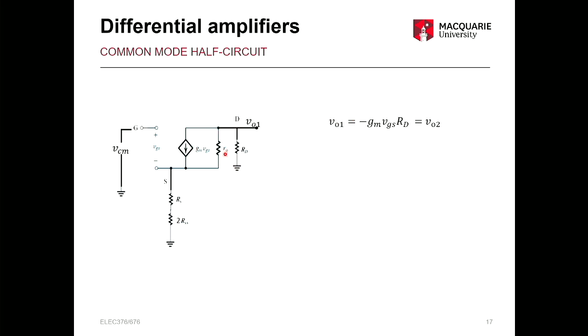Again, we're neglecting R out, assuming it's very large in this case, and that's going to be the same result for V out 2. Our input, VCM, is going to be this voltage, VGS, plus the GM/VGS, which is the current across these 2 resistors, RS and 2 RSS. Okay?